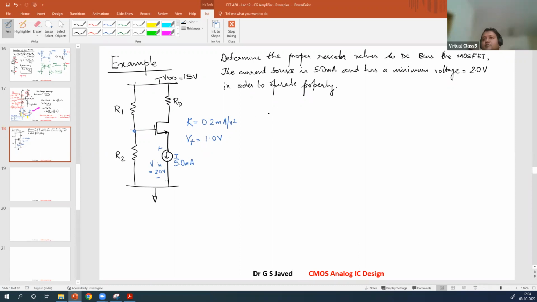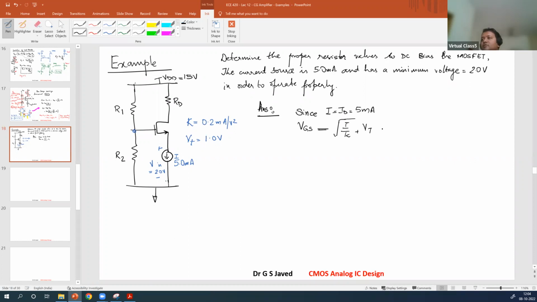Now let us begin the solution. How do you solve this? First, the current flowing through the resistor RD, I equal to ID, is equal to 5 milliampere. What does that mean? The VGS should be equal to square root of I over K plus VT.